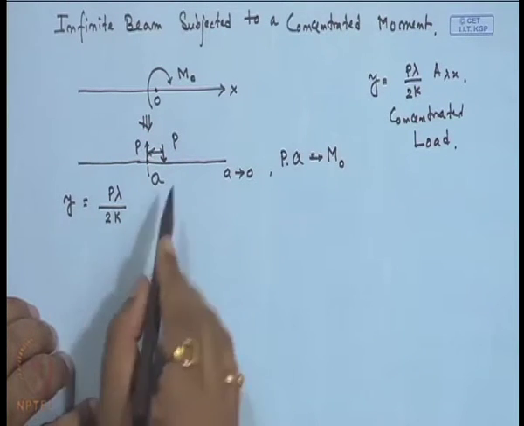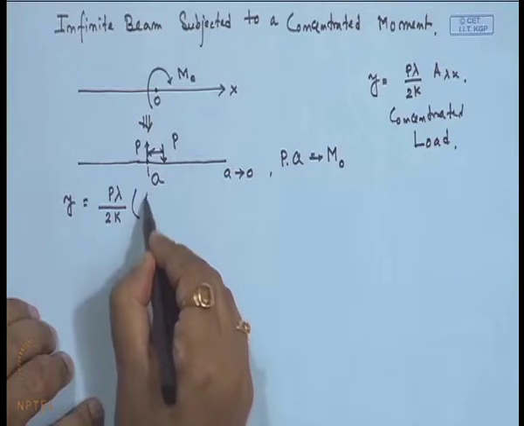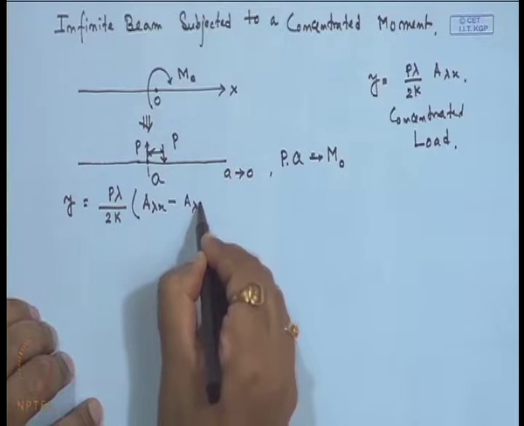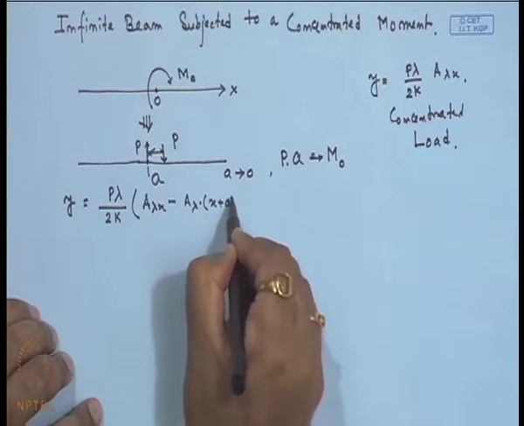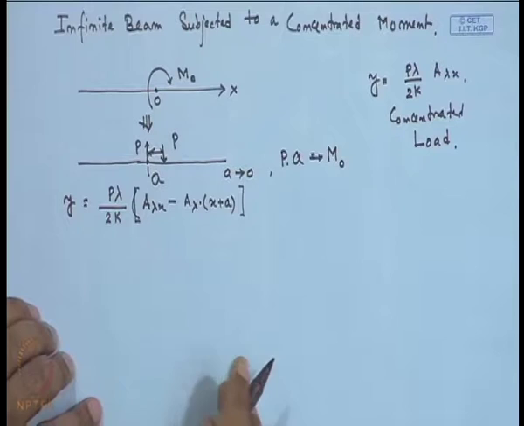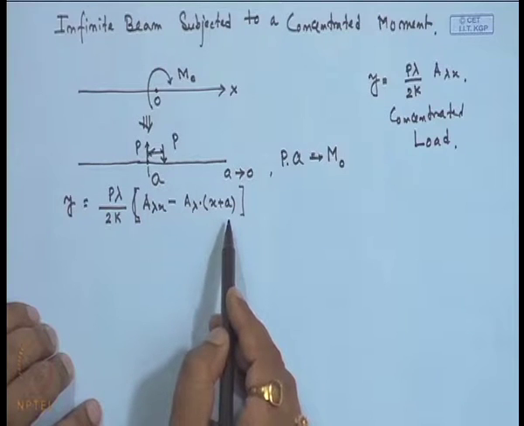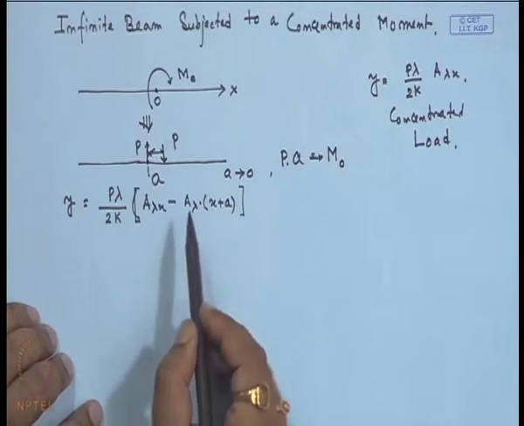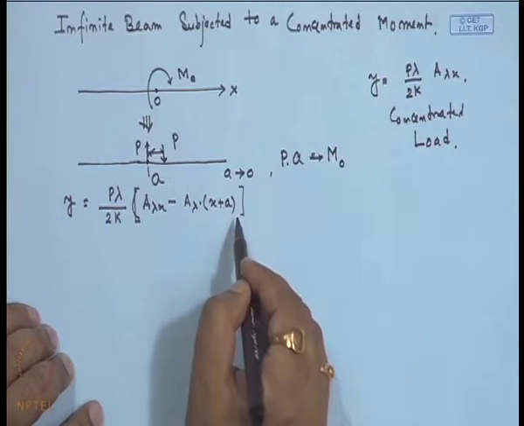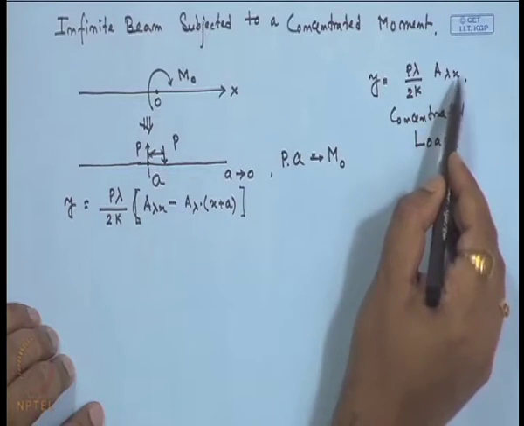So we have P into lambda, and then we can write A lambda x minus A lambda x plus a, the total within the bracket. Here one concentrated load is applied at a distance of a, so we write A lambda x minus A lambda x plus a. The load at the center gives A lambda x.